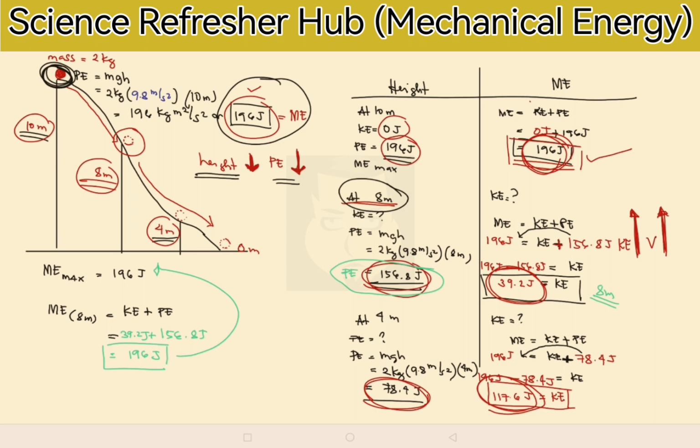Okay, so it's just exchanging or converting from rest. We have a lot of potential energy. Once it moves, it will be converted into kinetic energy. That conversion is the mechanical energy itself. So when the object is resting, it has mechanical energy because it has potential energy. When the object is moving, it still has mechanical energy because the object is moving. I hope it makes sense.